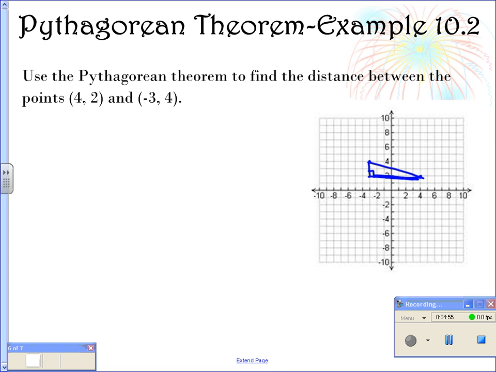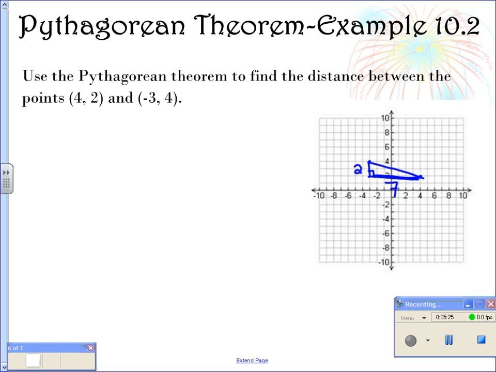So how would we figure out the 2 legs? Okay, what would be here? And what would be here? 4 plus 3, 7. Does that make sense? So how would we find the distance between the 2 points? That's the same thing as what on the triangle? The distance is the same thing as what on the triangle?